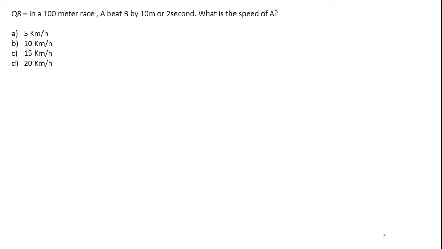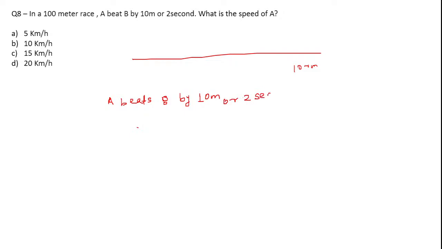So there is a 100-meter race, and in the question it is given that A beats B by 10 meter or 2 seconds.